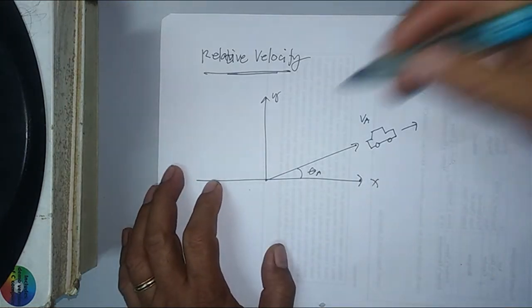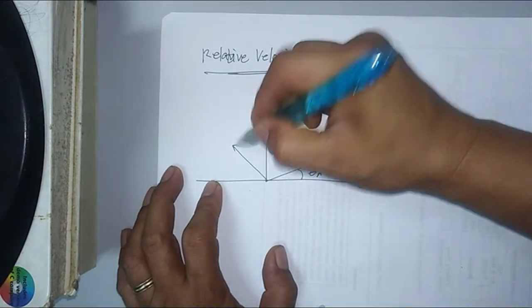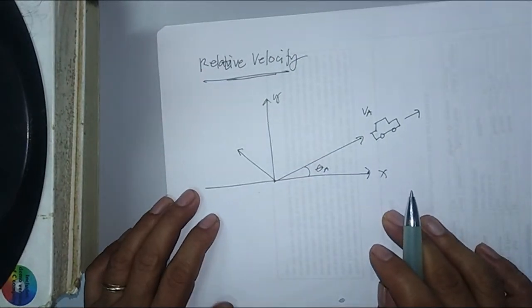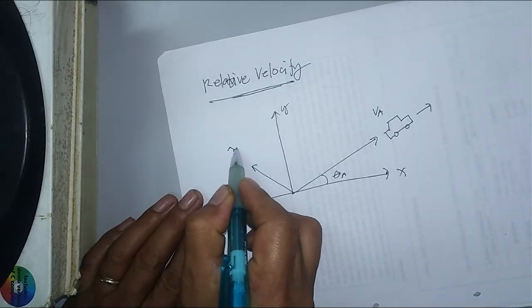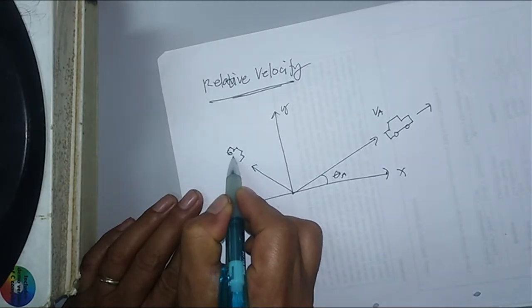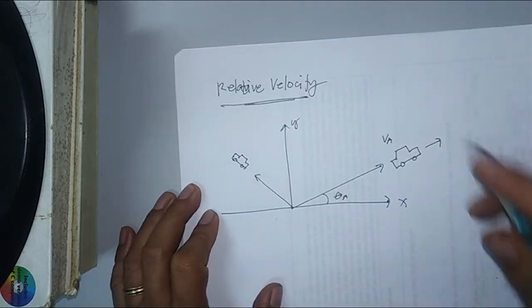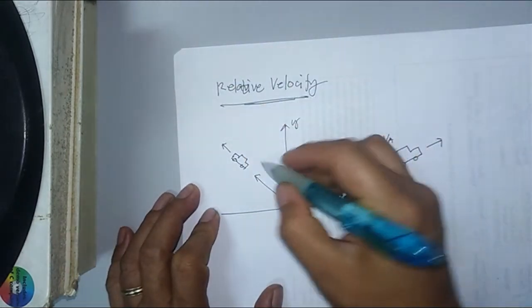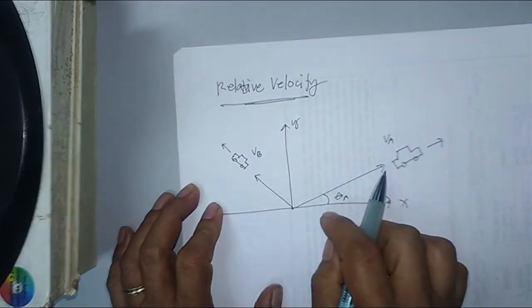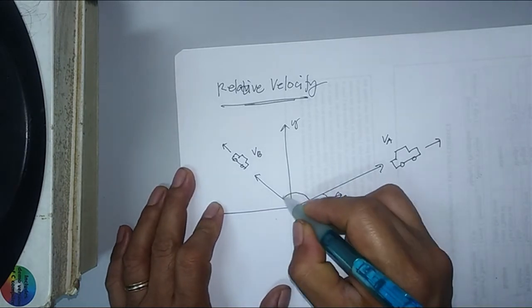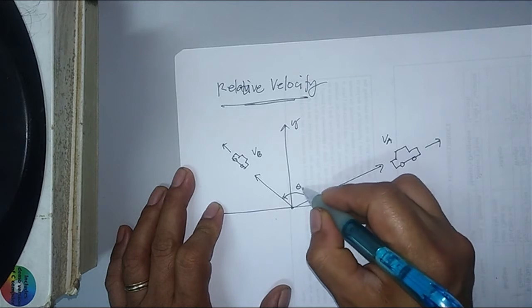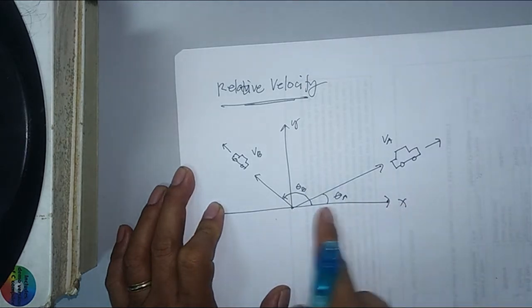Now another car going in this direction, I will draw the car. I'm not good at sketching the car. Going in this direction and having a velocity of v, and an angle of theta b from your x-axis.